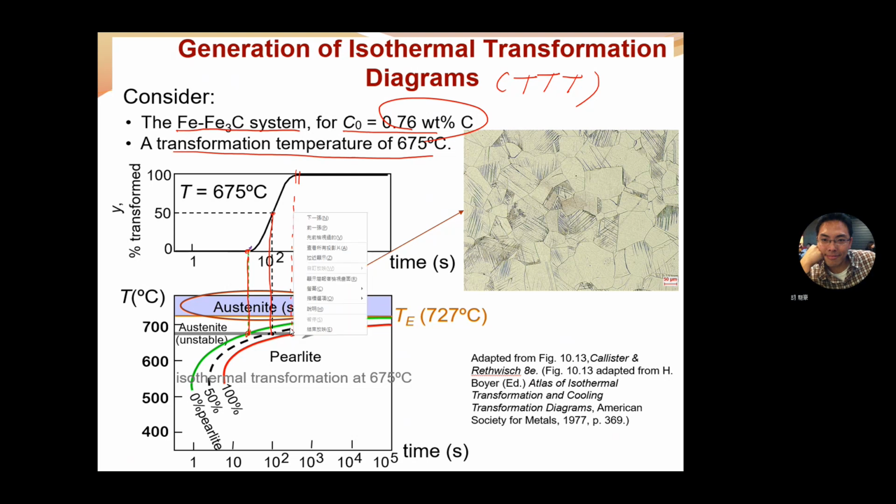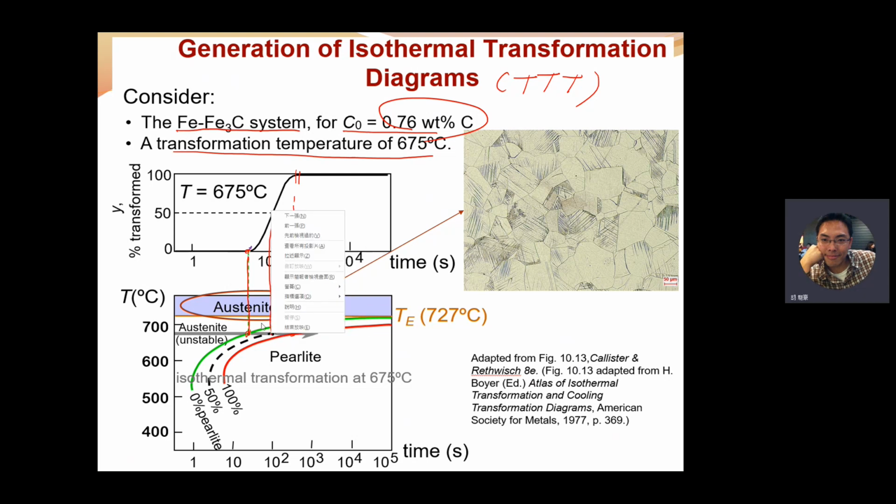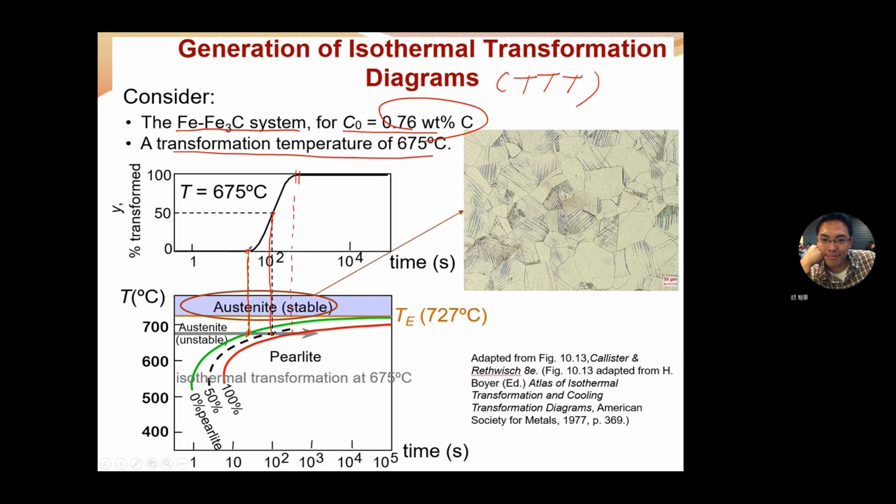So that's only for one delta T, for the temperature 675.